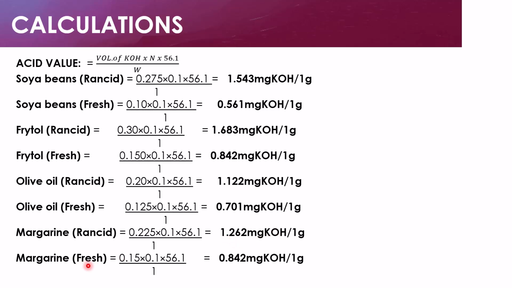And for the fresh margarine, we have an acid value of 0.842 milligrams of potassium hydroxide per 1 gram. We are using per 1 gram in each value because in our protocol we used 1 gram of lipid. If we happen to use 2 grams, then that means that it will be per 2 grams.